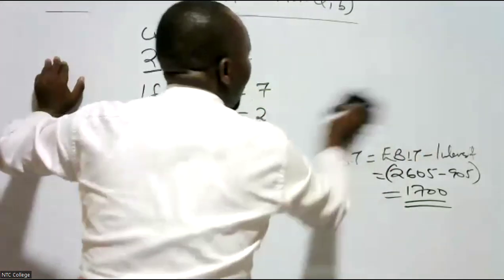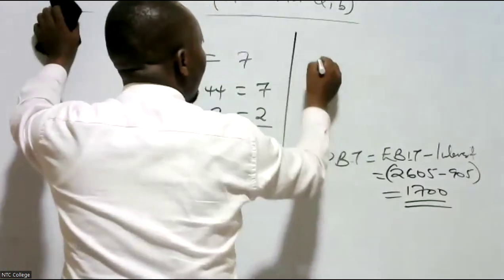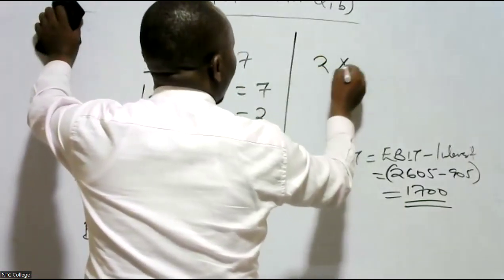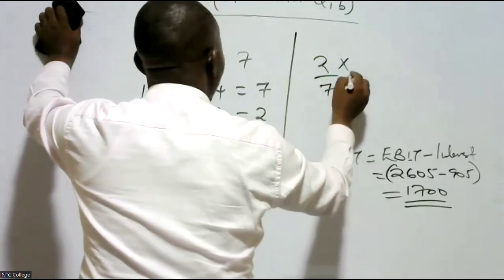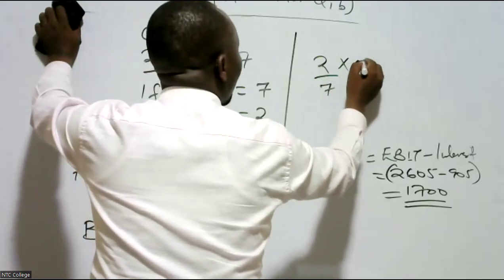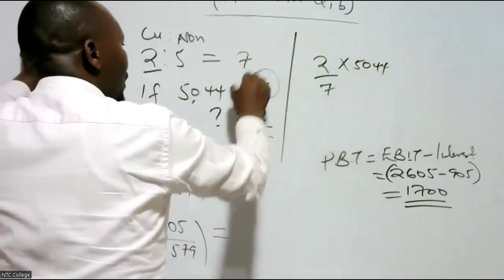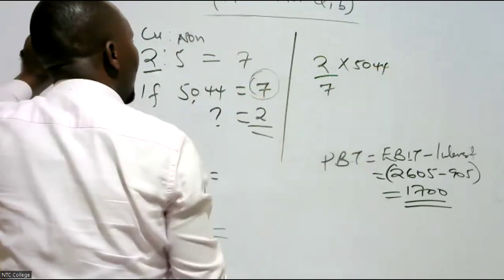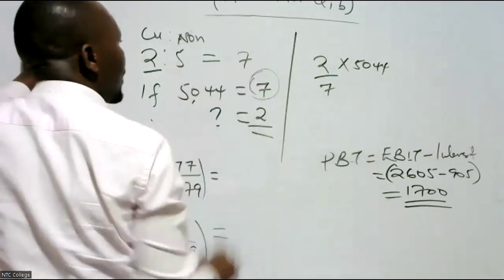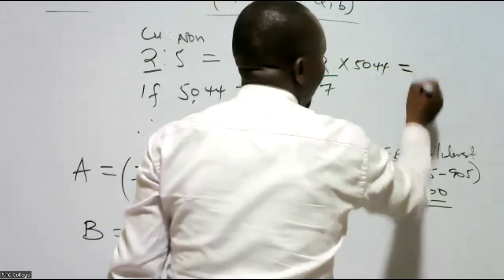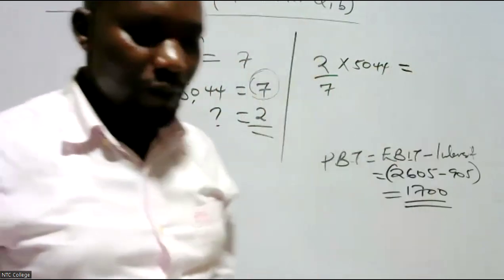We shall have 2 over 7 times 5044. The total is 7, so it is just 2 over 7 that is current. 5 over 7 is long term or non-current. You get this value, you'll be good.